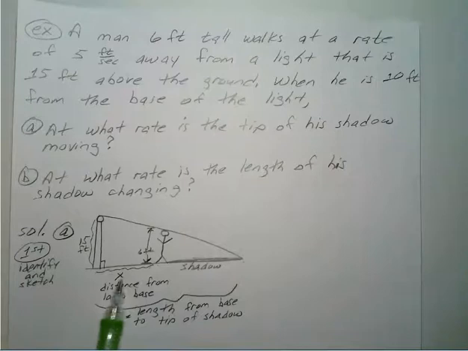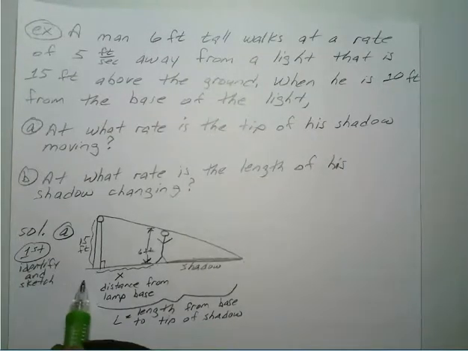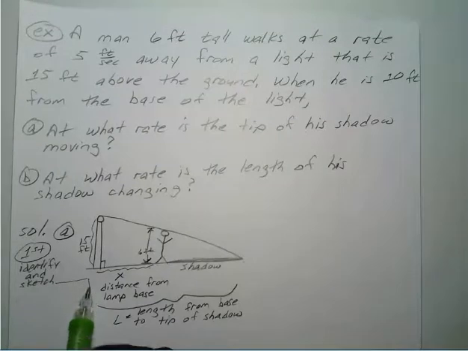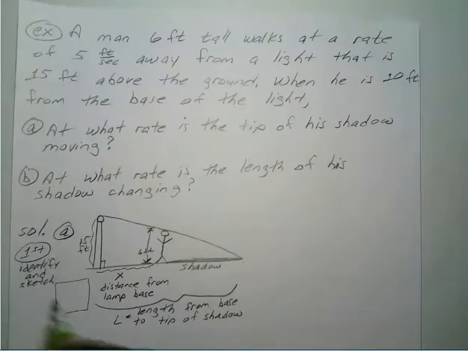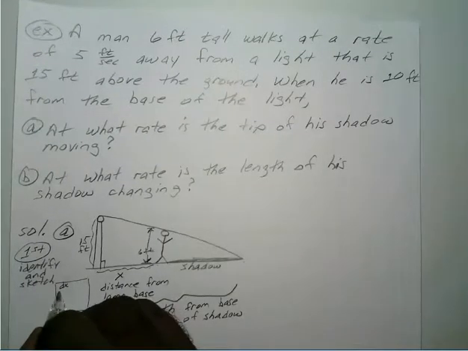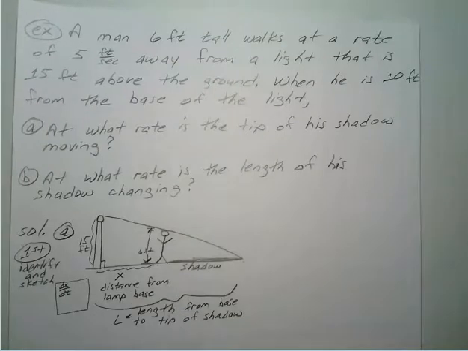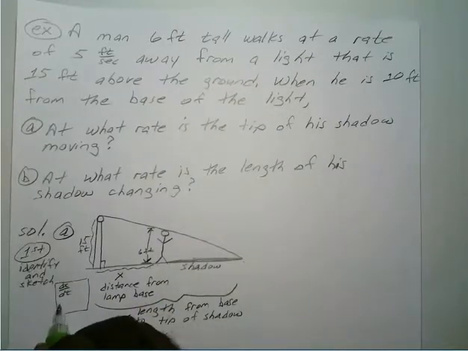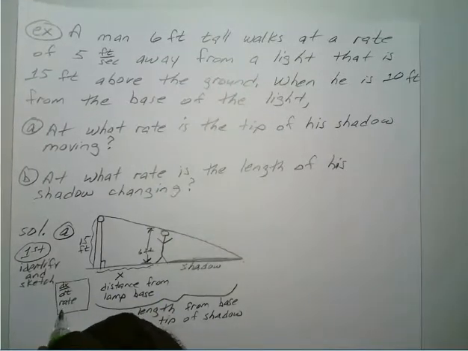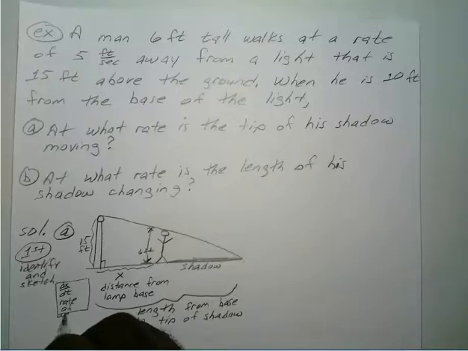Okay, so what do we also know about this X? Well, we know that if we have our, I'll put this right here, dx dt, that's the rate that he's walking away. We know that he's walking away, but this is the rate of walking away.